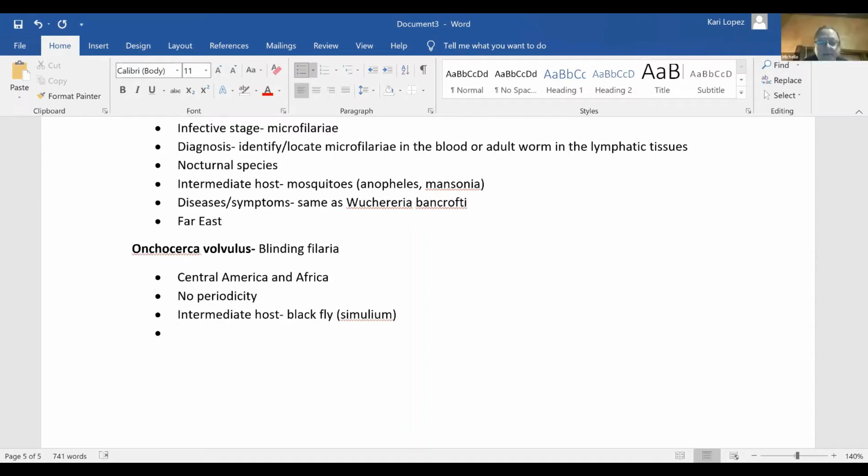What is that, Simulium? That's just a species of fly. But I would not spend much time focusing on the specific species of bugs. But you do need to know which bug is a vector for which one, but probably not past knowing the difference between a mosquito and a fly. Okay.